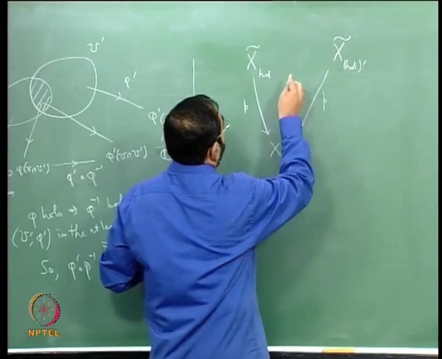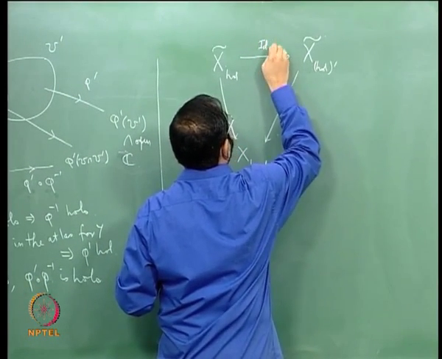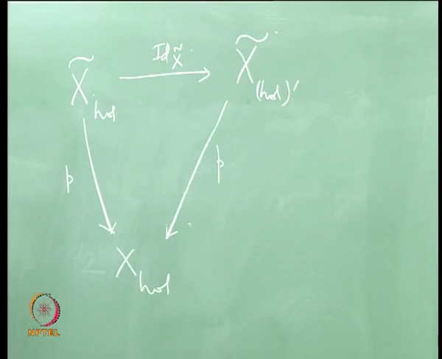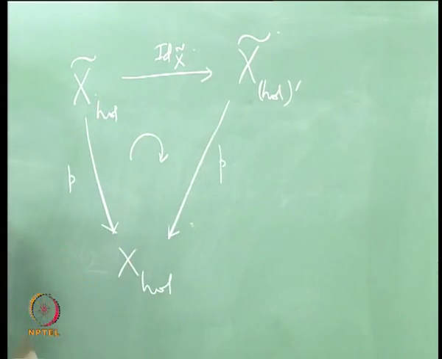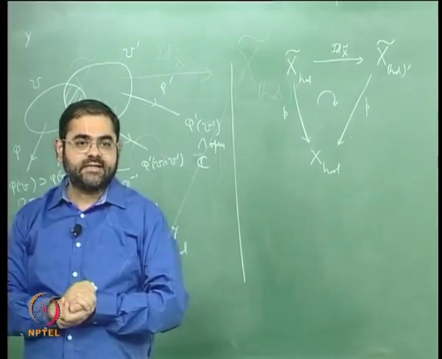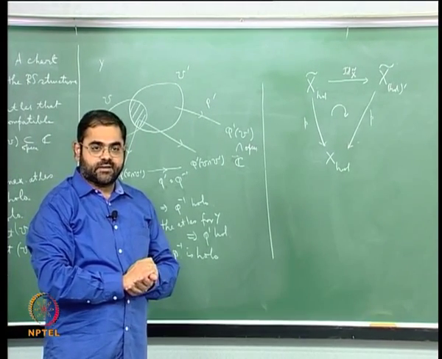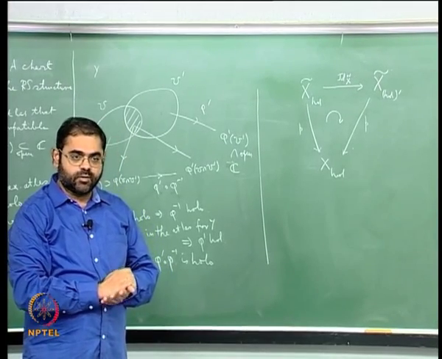Now what I am going to do is just take the identity map. This diagram commutes, because identity followed by P is just P. Just take the identity map of X tilde. It is of course a homeomorphism, no doubt about that.